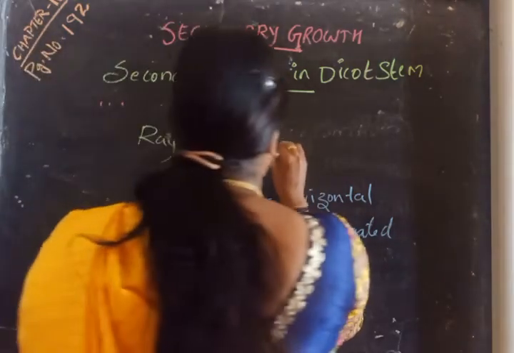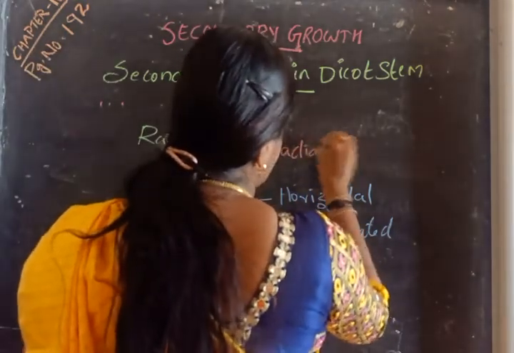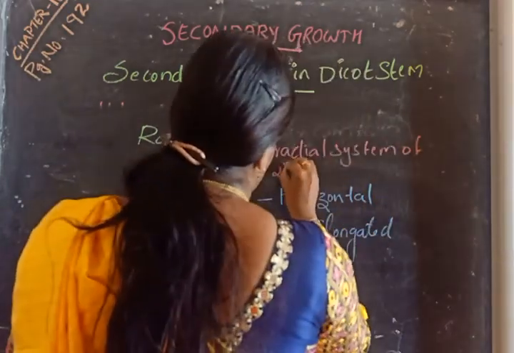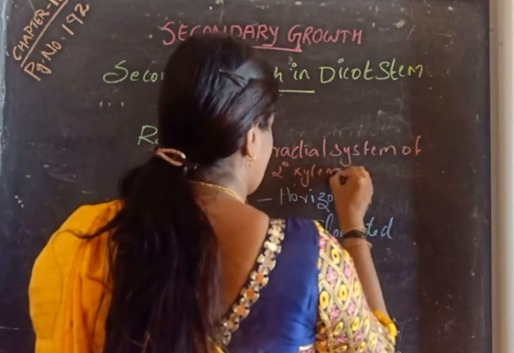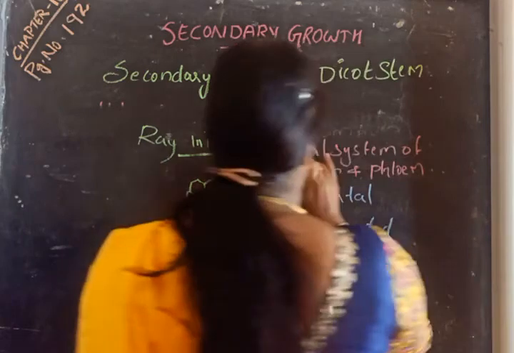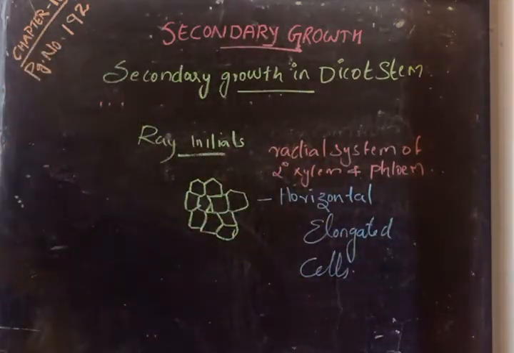So, fusiform initials give the axial system of secondary xylem and phloem, whereas ray initials give the radial system. So these are the differences between the fusiform initials and ray initials.